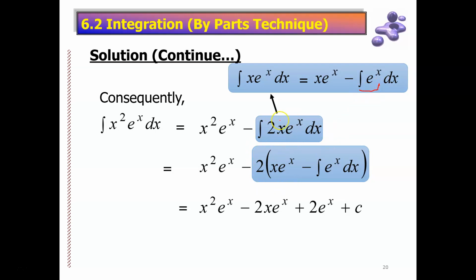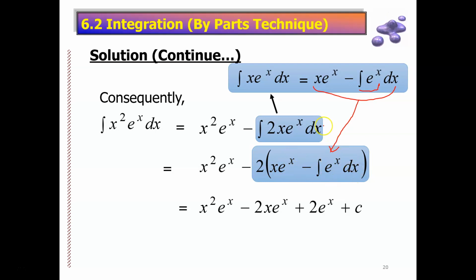Jadi you're going to substitute lah dia. So you have integration. You integrate 2 ni kita letak siap-siap dekat depan. Integrate x e^x, ni tulis balik lah yang the whole thing over here. Ni dia masukkan ke dalam sini. e^x times x minus integration of e^x dx.